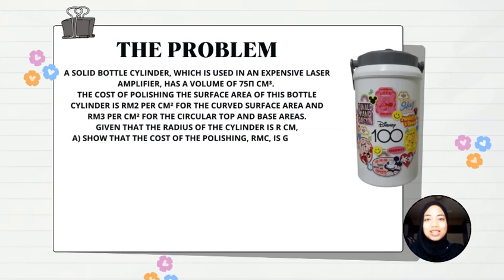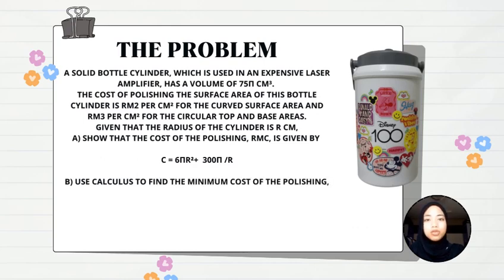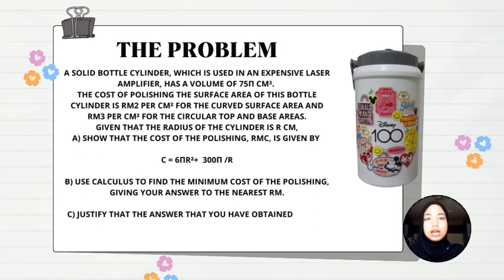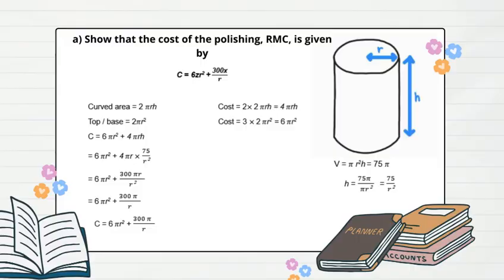First, show that the cost of polishing C ringgit is given by C equals 6 pi r squared plus 300 pi over r. Second, use calculus to find the minimum cost of the polishing. And lastly, justify that the answer you obtained in part B is a minimum.